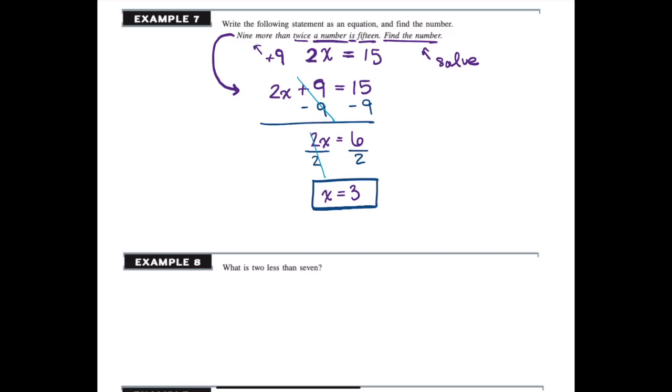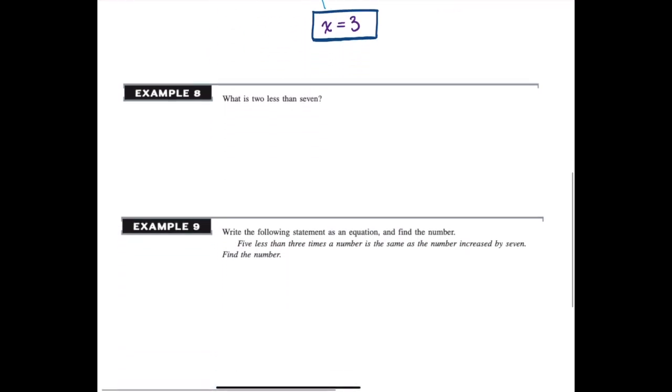All right, let's look at another example. This one says, what is 2 less than 7? What? Well, that's our unknown, so that's like our x. Is, our equal sign.